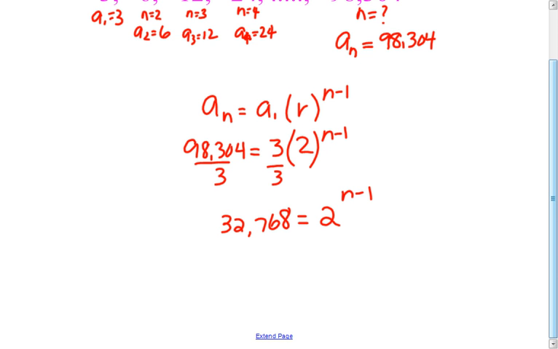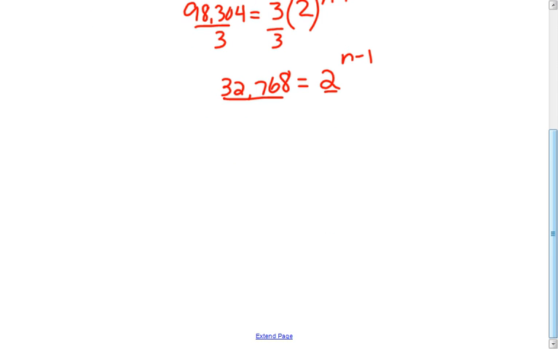Now, hopefully you'll be able to get these as powers of the same number. So 2 and 32,768 can be written as powers of the same number. If you can't write them as powers of the same number, you can always use logs to solve these. And I will show you this both ways because it may come up in your homework that you have to use logs. So here's option number 1.